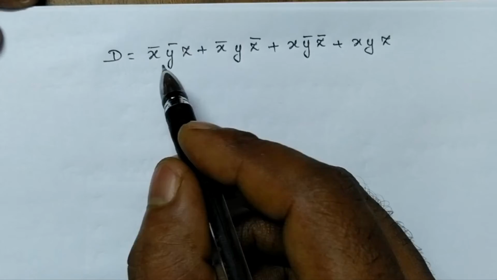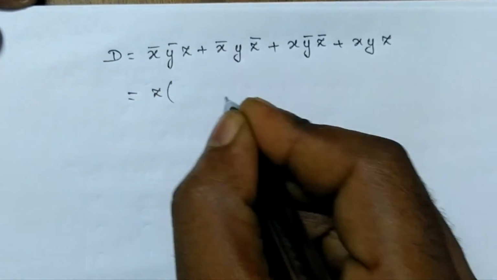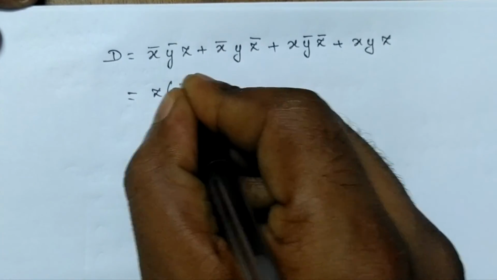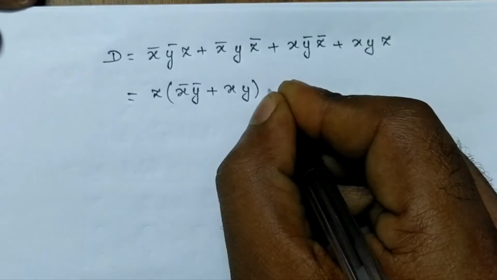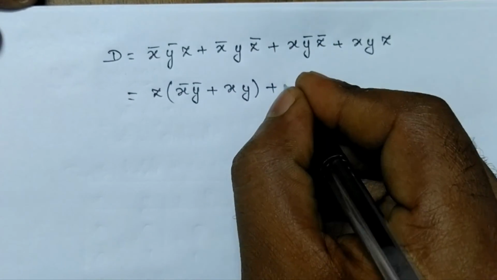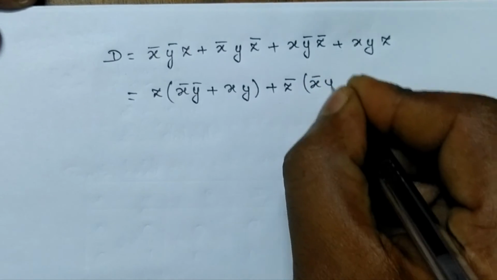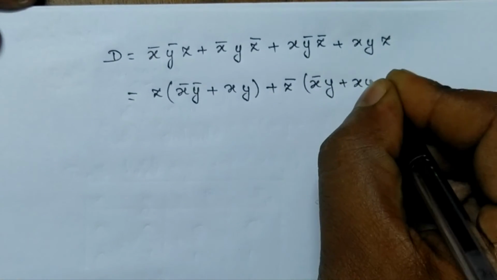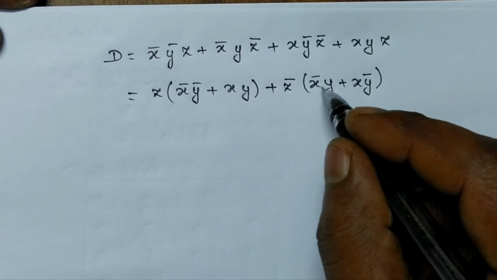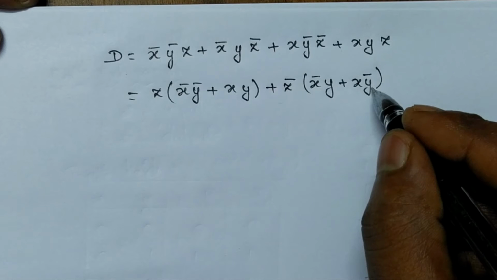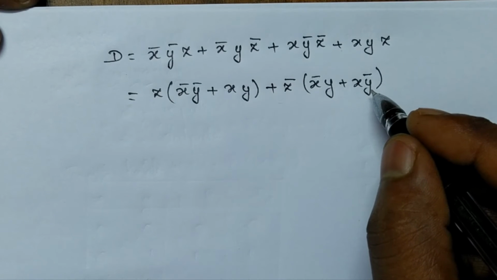Here also between these two we can take z common outside, therefore z into x bar y bar plus x y, plus between these two we can take z bar as common outside, therefore x bar y plus x y bar. So already we know x bar y plus x y bar is nothing but x XOR y.